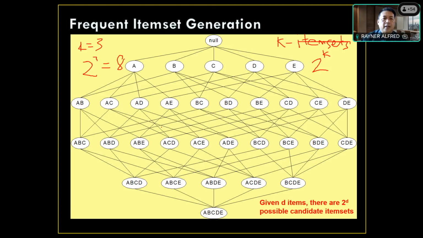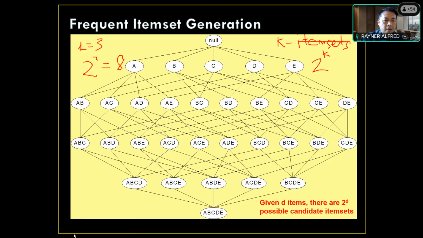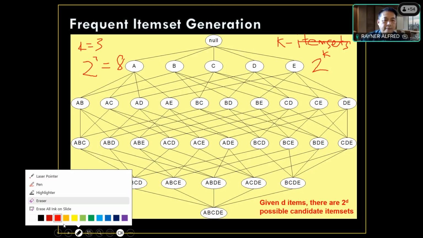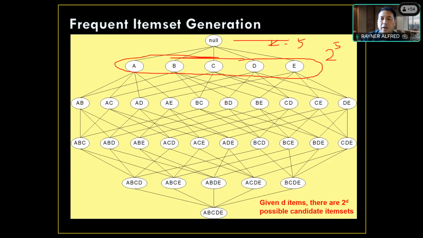Okay, so in this example we have 5 unique items, so K equals 5 here. The number of combinations should be 2 to the power of 5, which is 32, right?